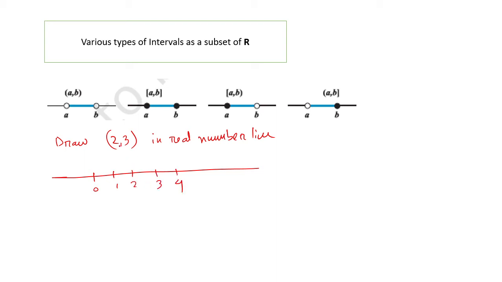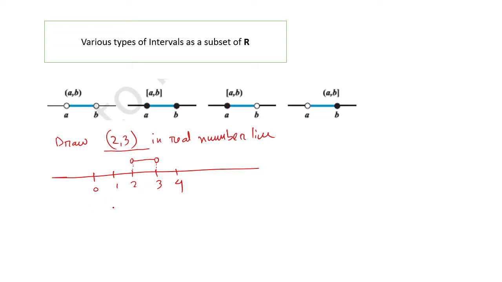The interval is (2, 3), and it is an open interval. Open interval means you are not permitted to take the boundary points. So you draw a circle at 2 and a circle at 3, but these circles are not bold. Not bold means inside the circle it is hollow. Okay, so this is your (2, 3) interval.